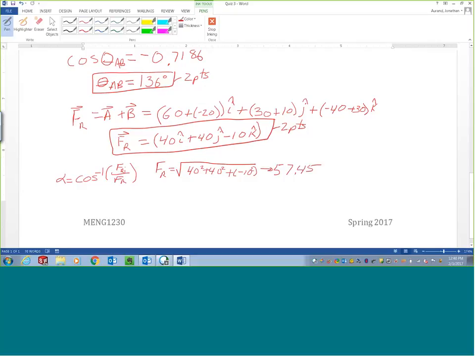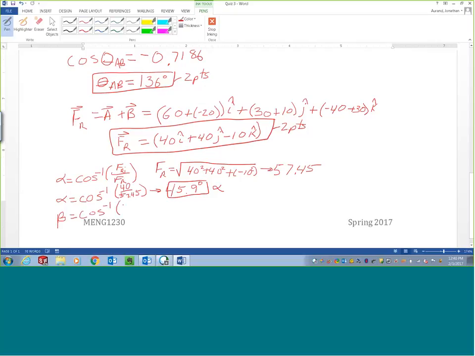And you don't get any points for that unless you continue on and find the alpha, beta, gamma. So alpha then equals the arc cosine, the inverse cosine of 40 over 57.45. And that is 45.9 degrees. There's alpha. Beta is similar, only the J component.